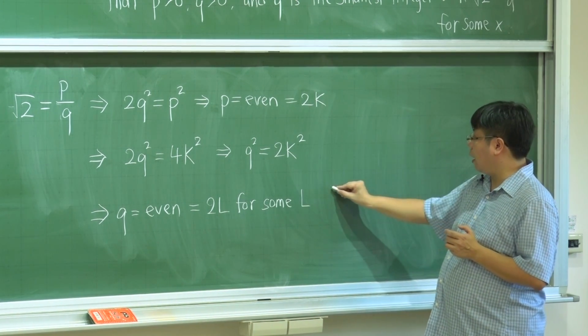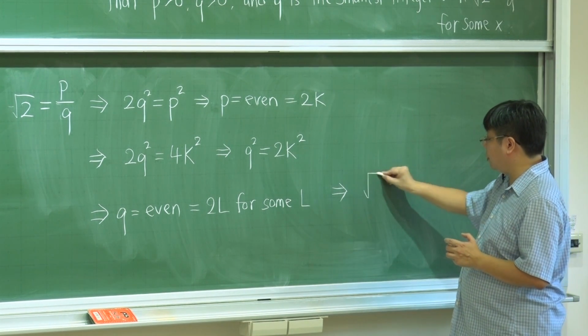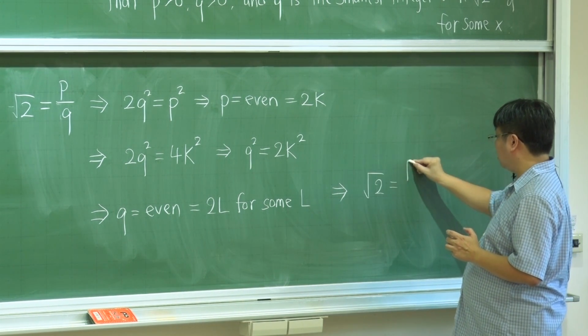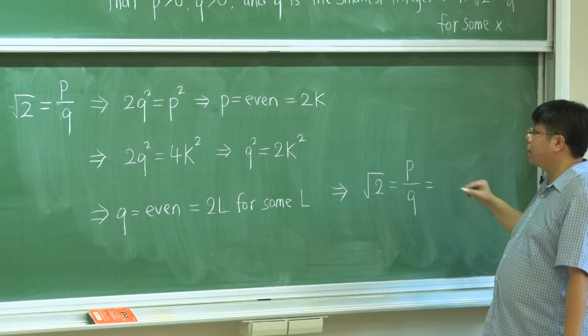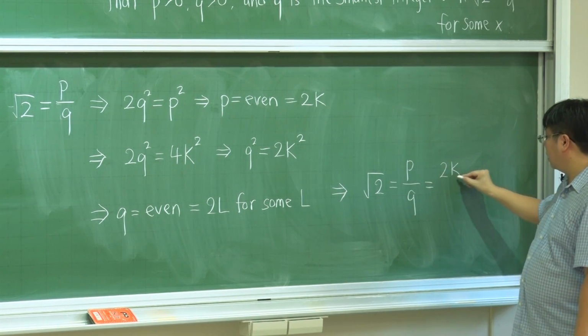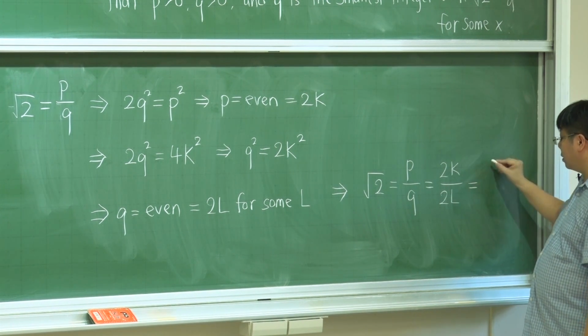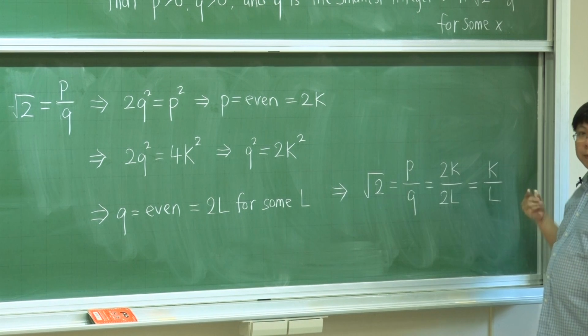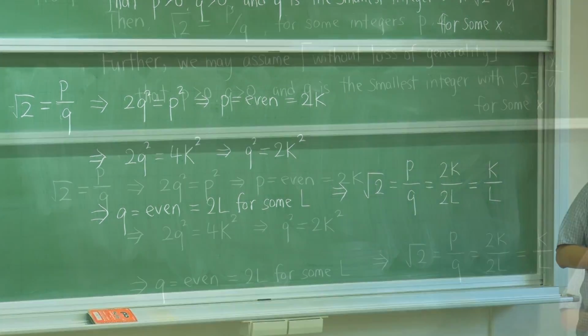Okay, so at this moment, we will have square root 2 is equal to p over q, and then it is equal to 2k over 2l. It is equal to k over l. Am I correct? And now we have a contradiction.